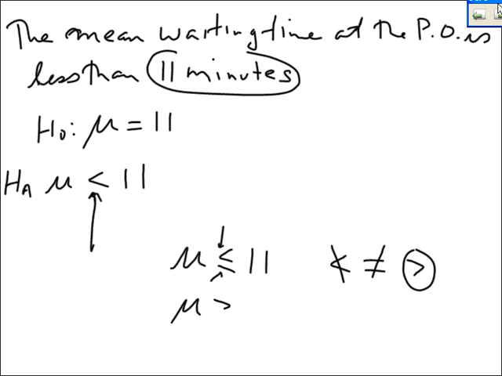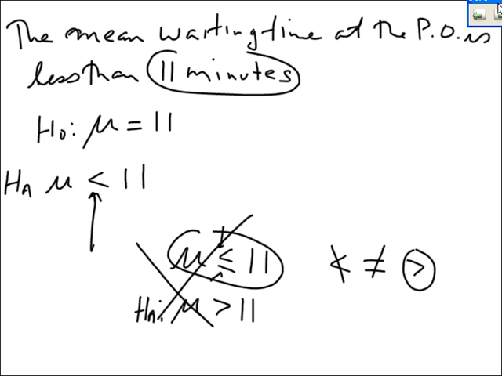And then I would have said mu is bigger than 11. That would have been my alternative. But that was not what we were told. We were not told that the wait time is less than or equal to 11 minutes. That would be no more than 11 minutes. You don't have to wait more than 11 minutes. That means 11 minutes or less. But it didn't say that.